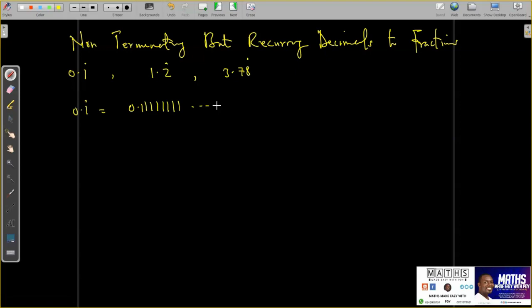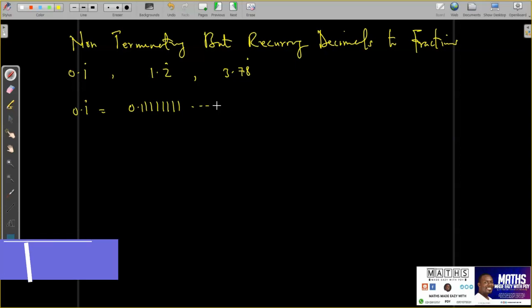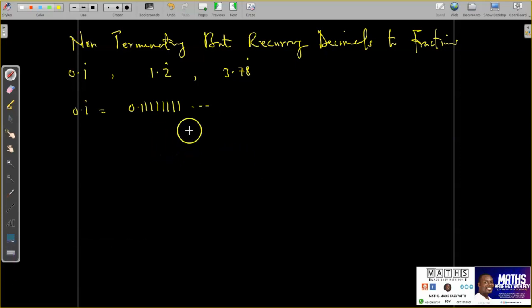So this is the procedure you follow whenever you are converting a recurring decimal to fraction. First, you need to generate an equation. Let a variable, say x, be equal to the recurring decimal. So x equals 0.1 recurring. That's the first step. Then the next step is to transpose one of the recurring decimals to join the whole number section.